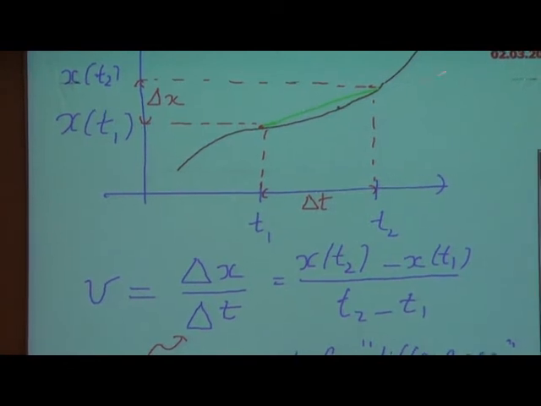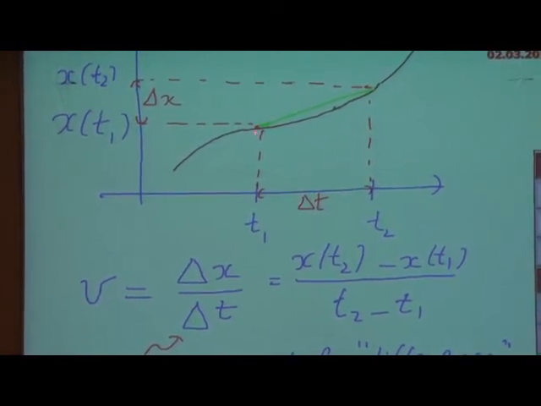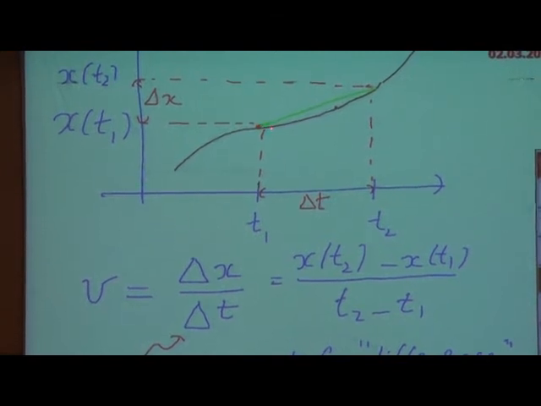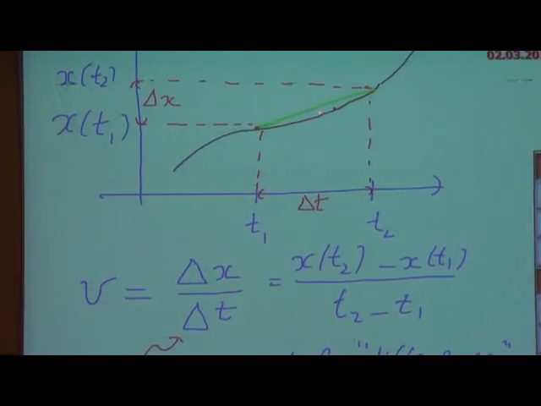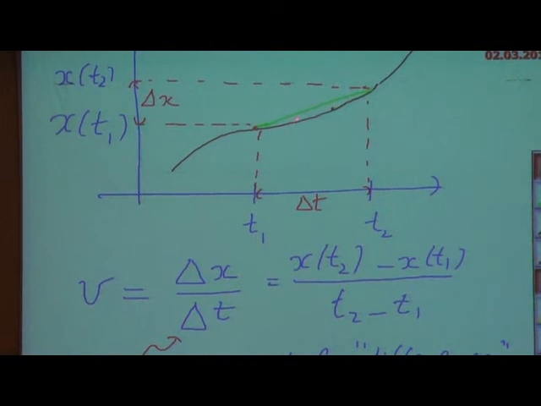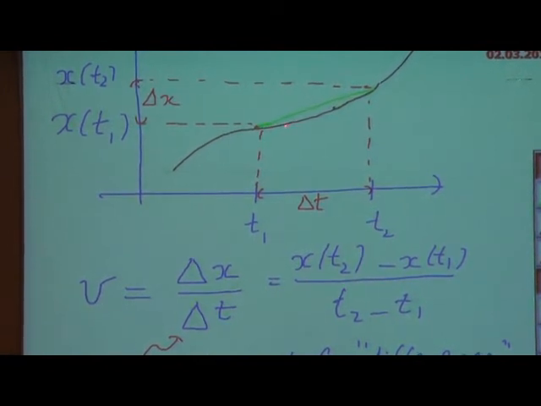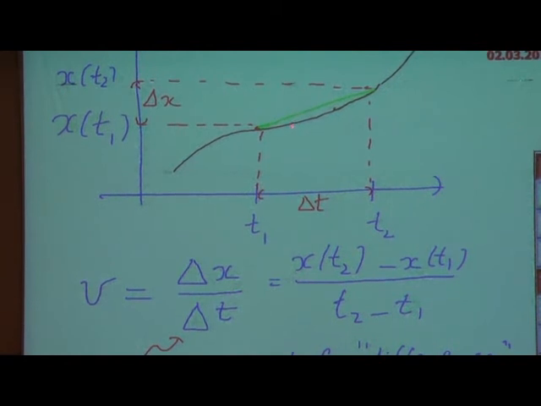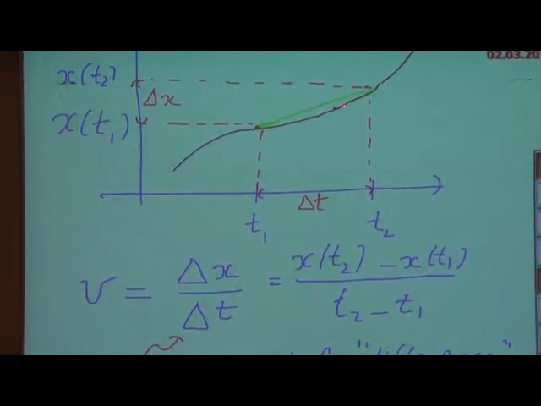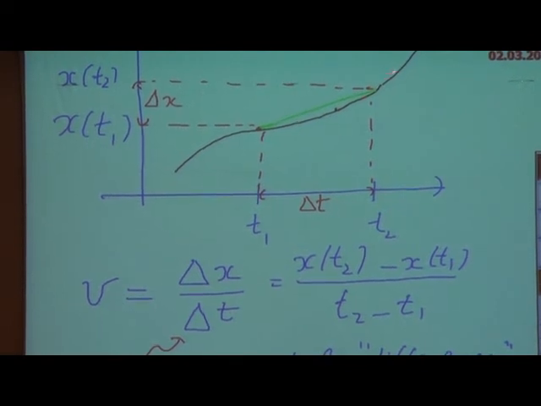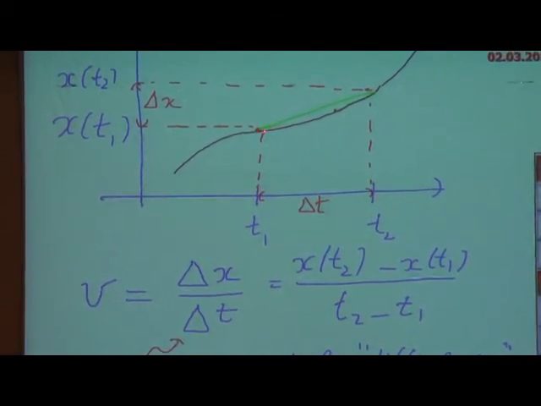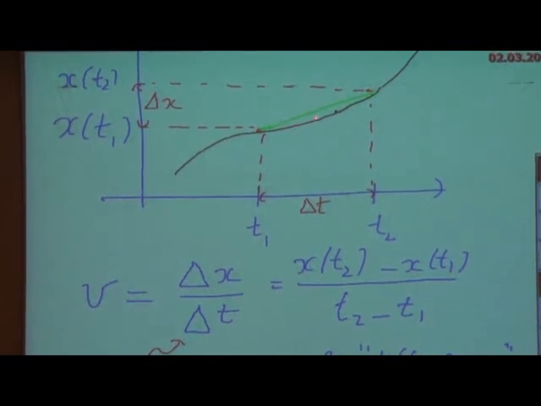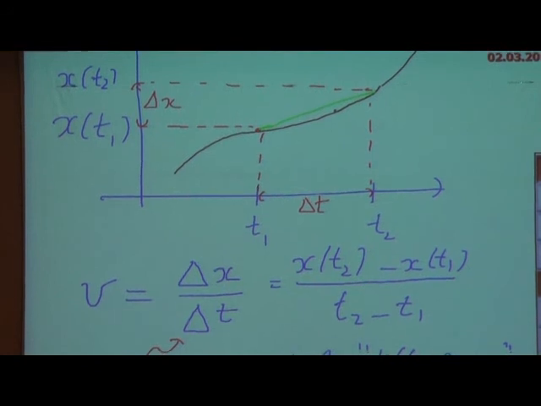Okay? But here you can see that at the beginning, at t1, the particle is moving slowly. If instead of this t2 I had taken a time t2 were here, then I would measure a much lower velocity. Whereas here, it has a bigger slope. If t1 was here and t2 was here, I would measure this velocity. It started slow and became faster and faster, as you can see on the graph.